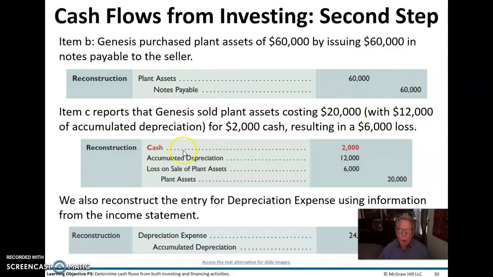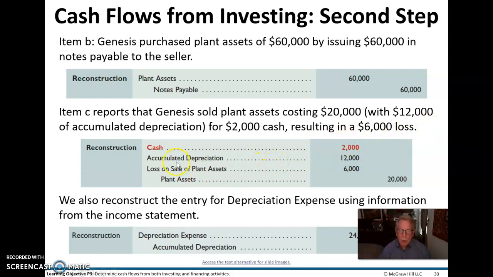And then we reported that we sold plant assets costing $20,000, but it had $12,000 of accumulated depreciation, for $2,000 in cash. That resulted in that $6,000 loss, which we've already reported in the operating section.